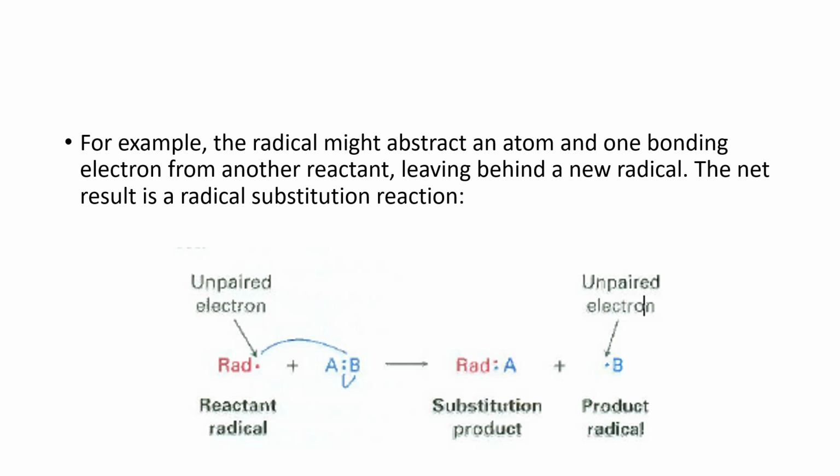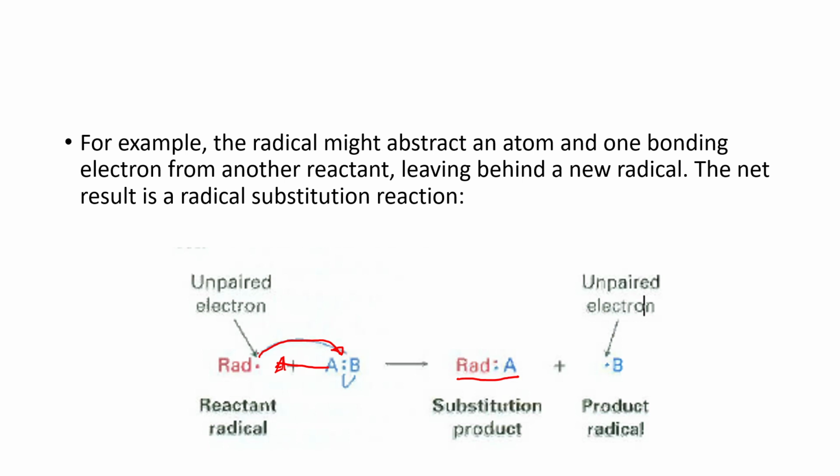So look at the screen. So you have a radical. So a radical, please remember, has an unpaired electron. So it is 1 electron. What it will do is it will grab another electron from this bond, and it will attach itself to the reactant or the atom A, forming a radical plus the A atom.